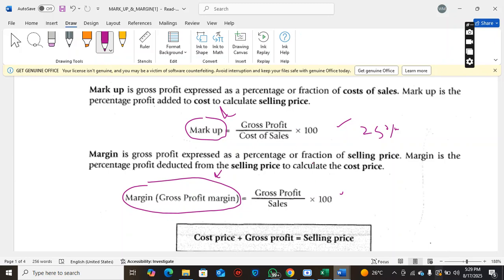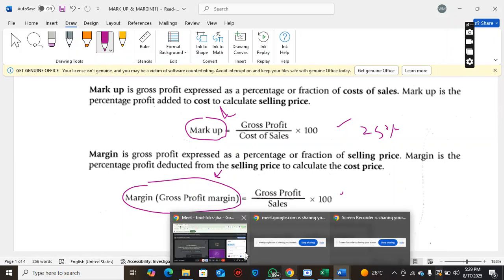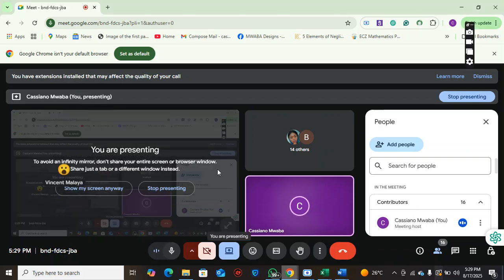Yes, but the formulae which I'm using mostly here are the ones from the trading account. Mr. Vincent, why are you surprised? These formulae which we are using are mostly from the trading account. Okay, sir, it's good you have brought that clarification.